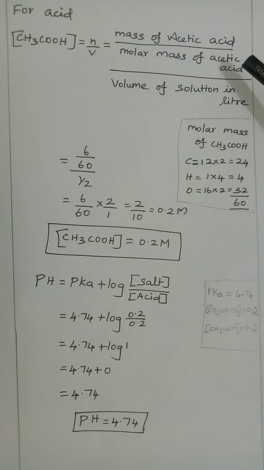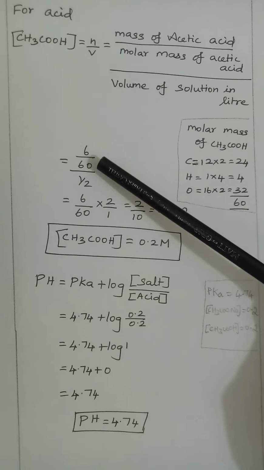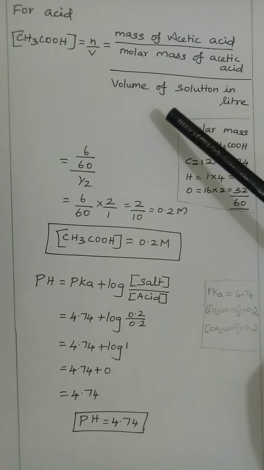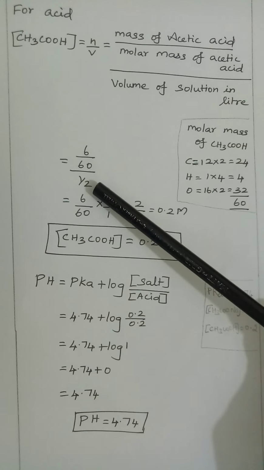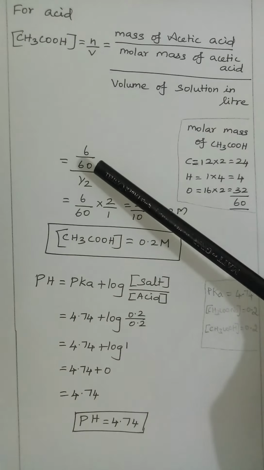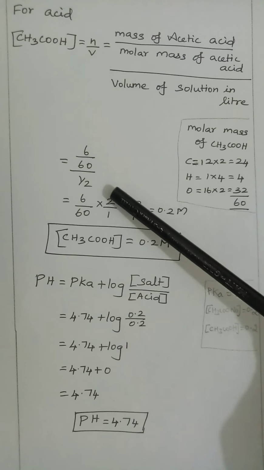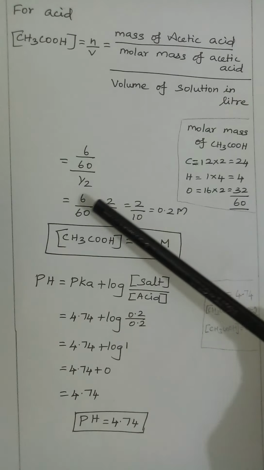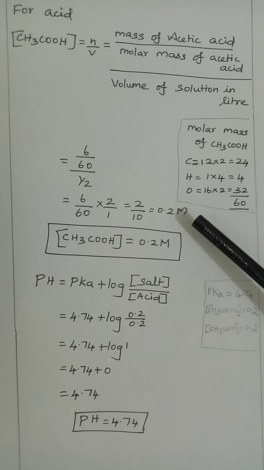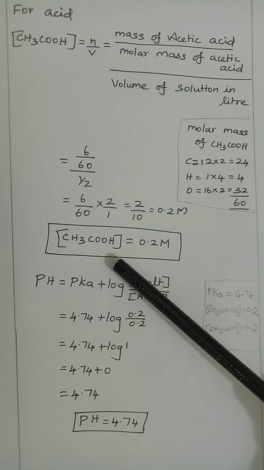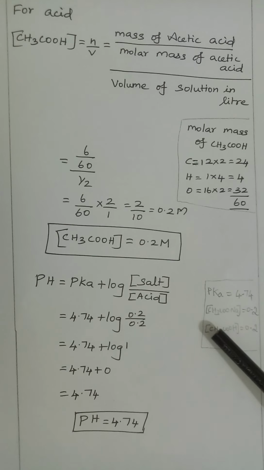Molar mass of acetic acid is 60. So 6 by 60, divided by 1 by 2, reversed 2 by 1, gives 0.2 molar. That is the concentration of acetic acid. Concentration of acetic acid is 0.2, and concentration of sodium acetate is 0.2.